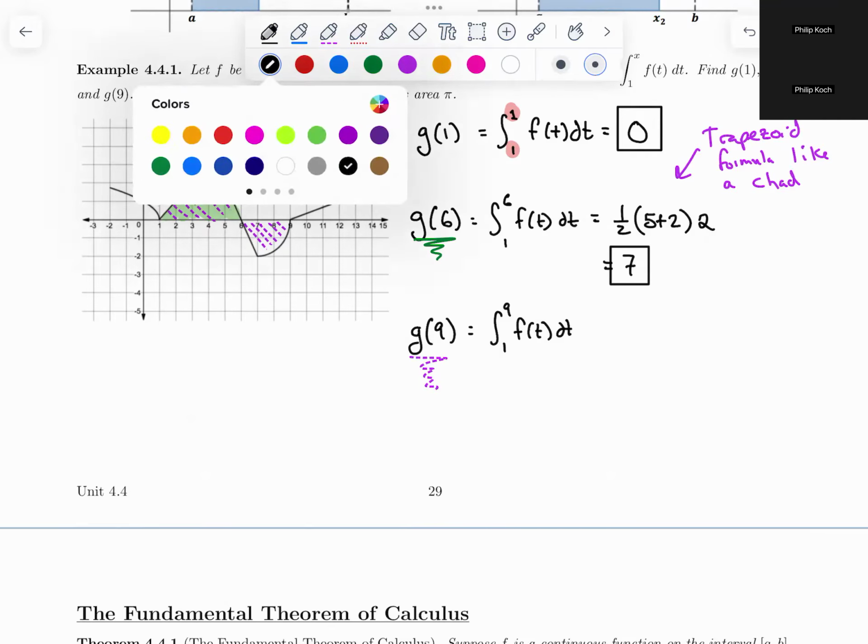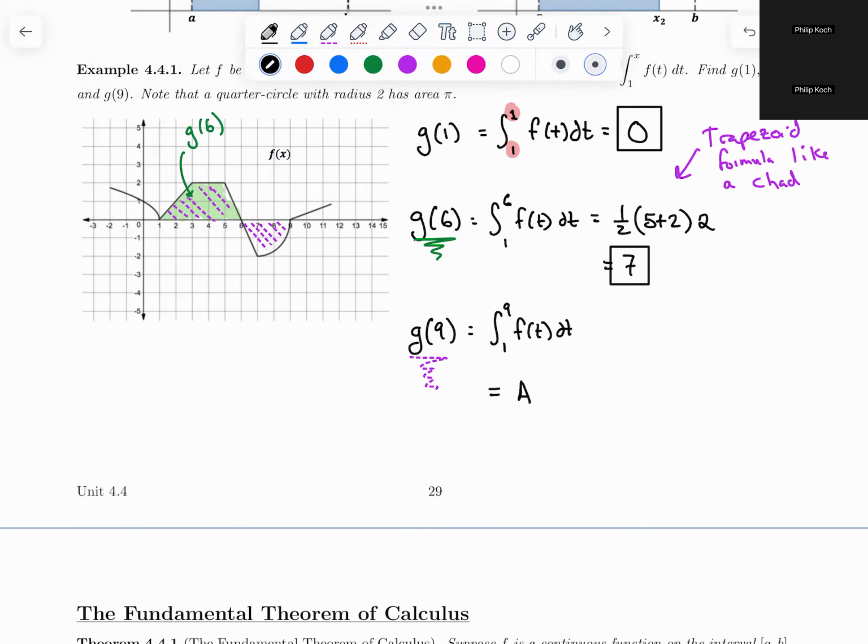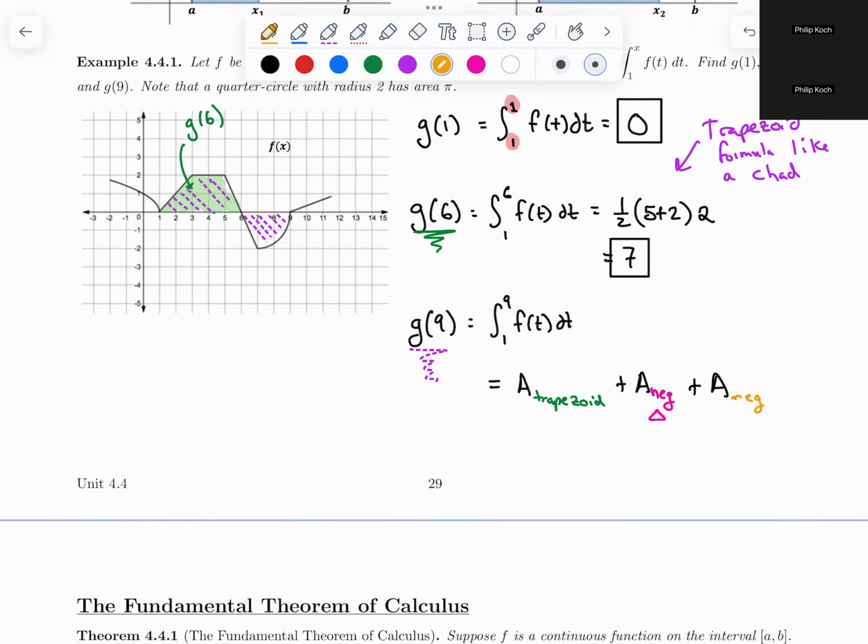So this is going to equal the area of the trapezoid plus the area of the negative triangle plus the area of the negative quarter circle. Because don't get it twisted.